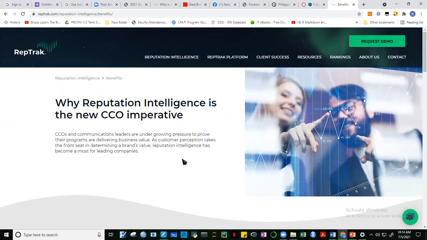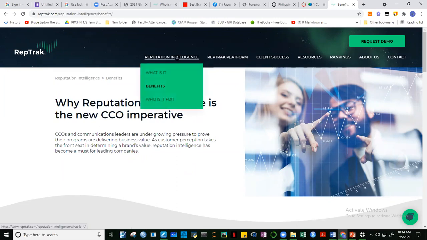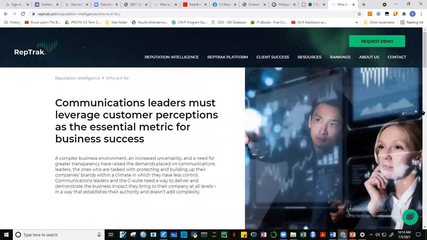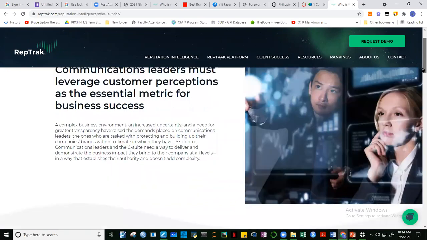Okay? So how is the reputation of the firm? Is it known for maltreating their employees? Kilala ba yung firm na yan for very poor quality products? So it's very important, sabi ng RepTrack, to manage the reputation of the firm. Who is it for? Tingnan natin to. Sabi nitong who is it for?